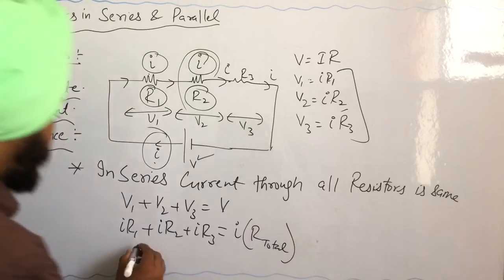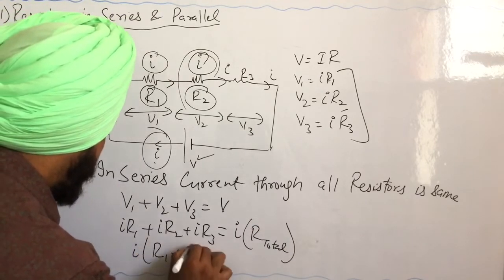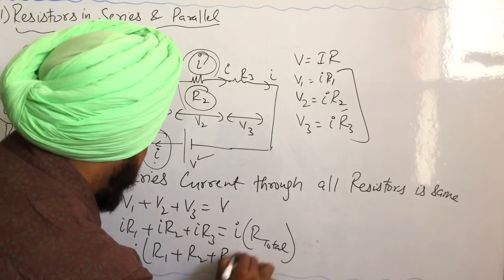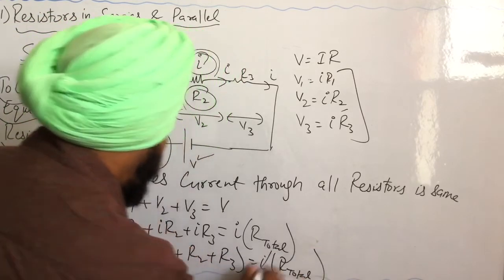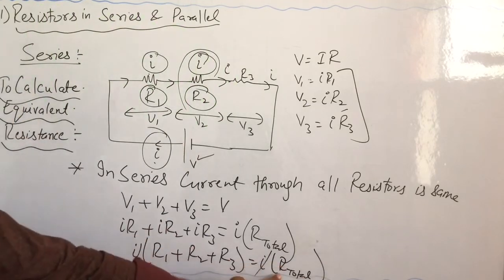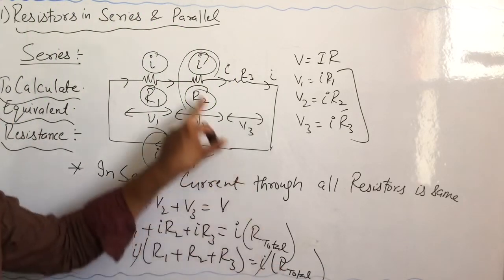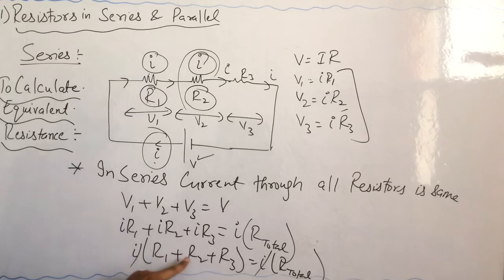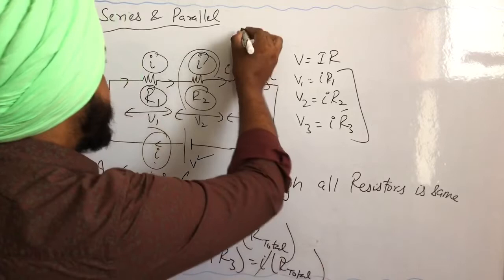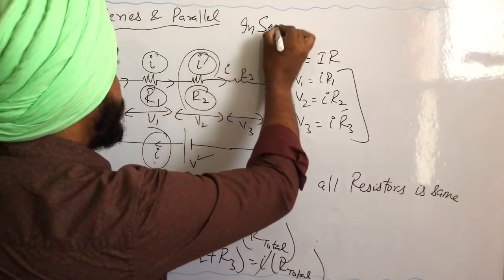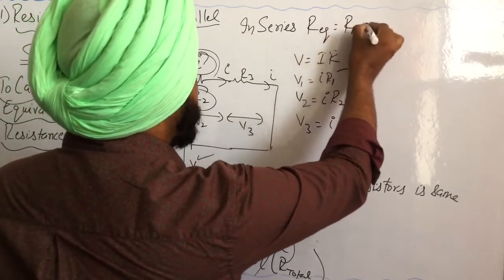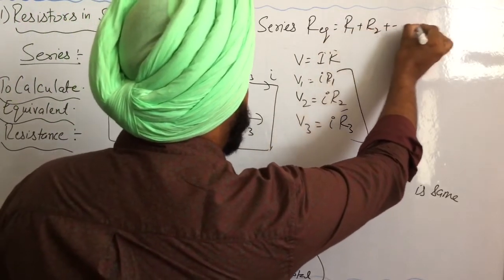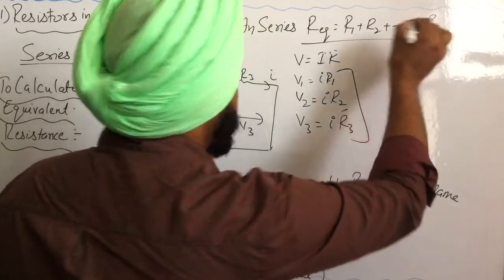From here I can be taken as common, and we will be left with R total, or equivalent resistance of this circuit, equal to resistance of 1 plus resistance of 2 plus resistance of 3. We can write, in series, equivalent resistance is equal to R1 plus R2 up to the nth resistor.